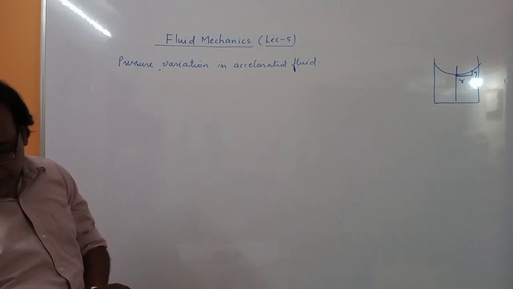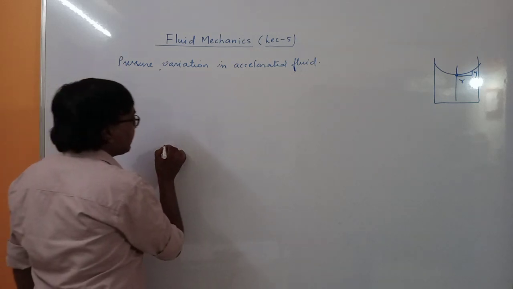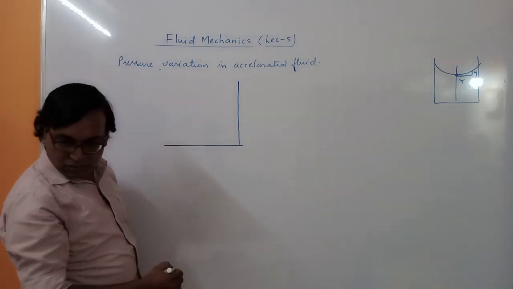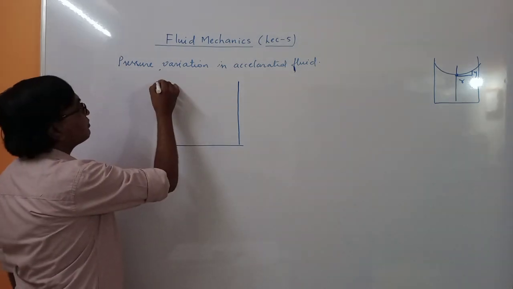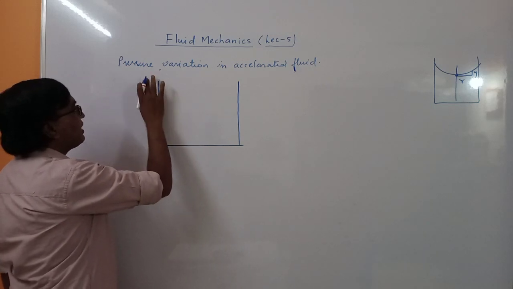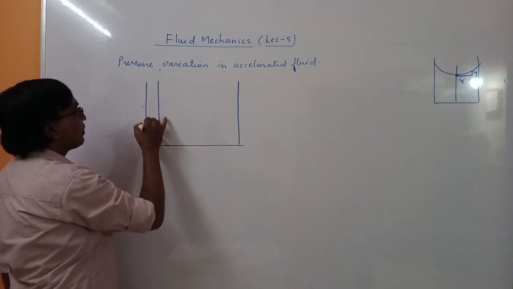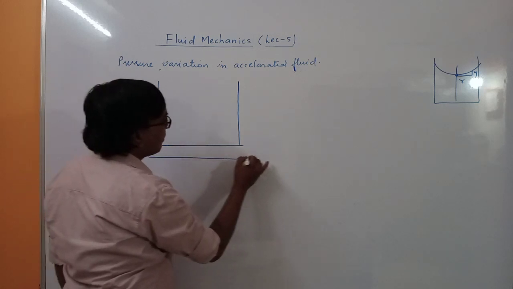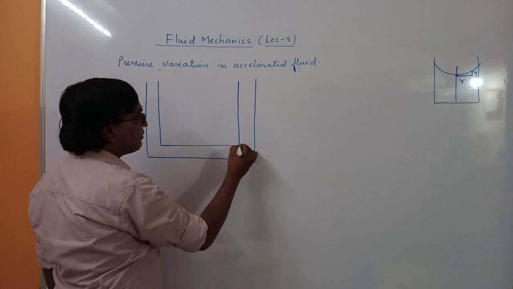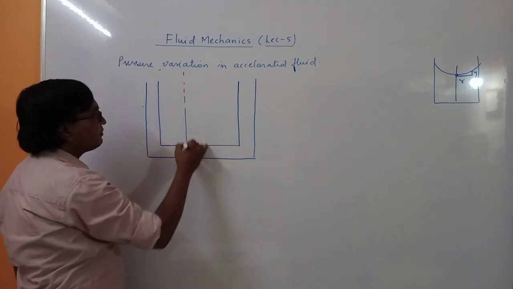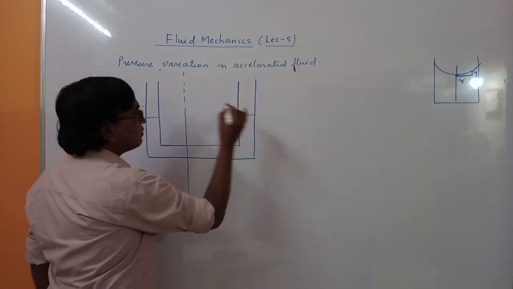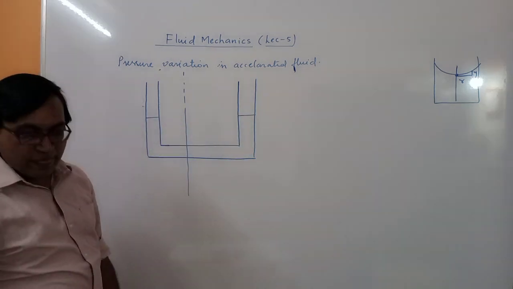So height difference, fine. So we have a container. Now instead of rotating at one of its limb or center, we are rotating at some other distance. We have fluid here. Okay, so this is the fluid.